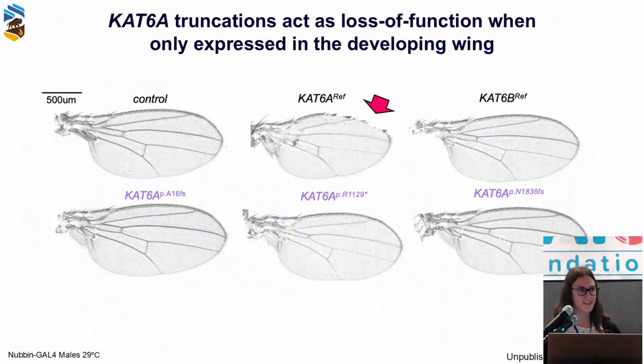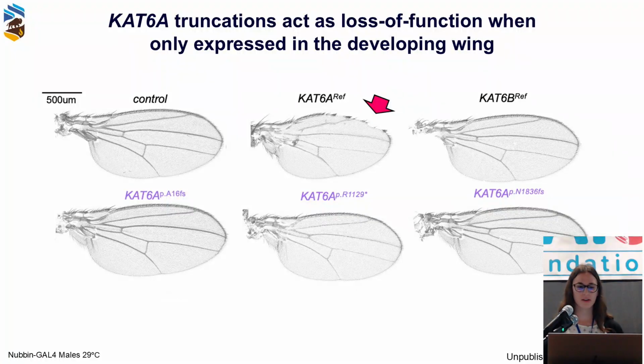So to get a better understanding of our variants, again, we decided to overexpress all the variants in the developing wing region specifically. And so what we found is that when we overexpress the reference KAT6A gene, there were some wing defects, we call them.